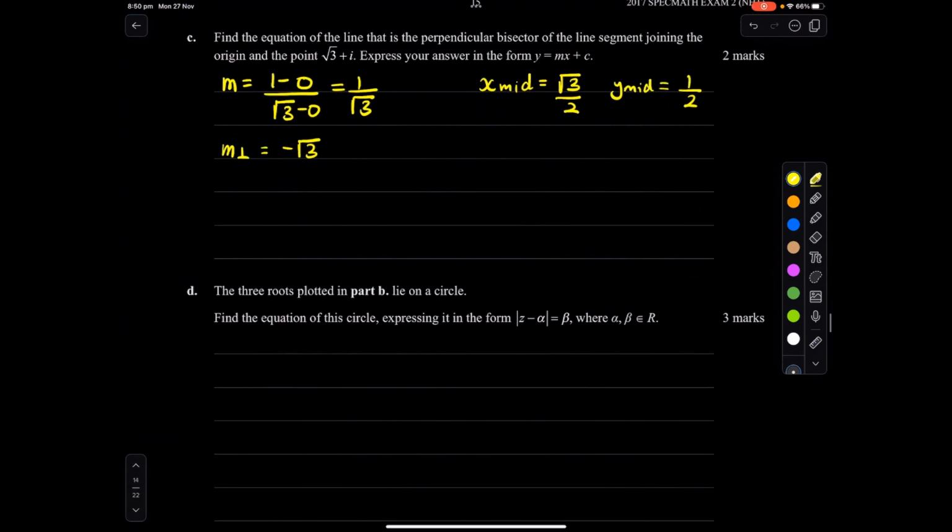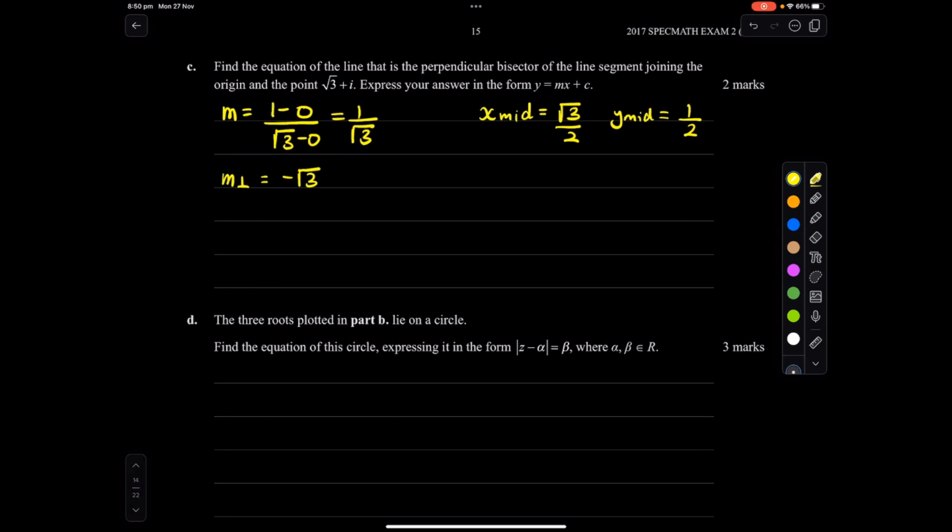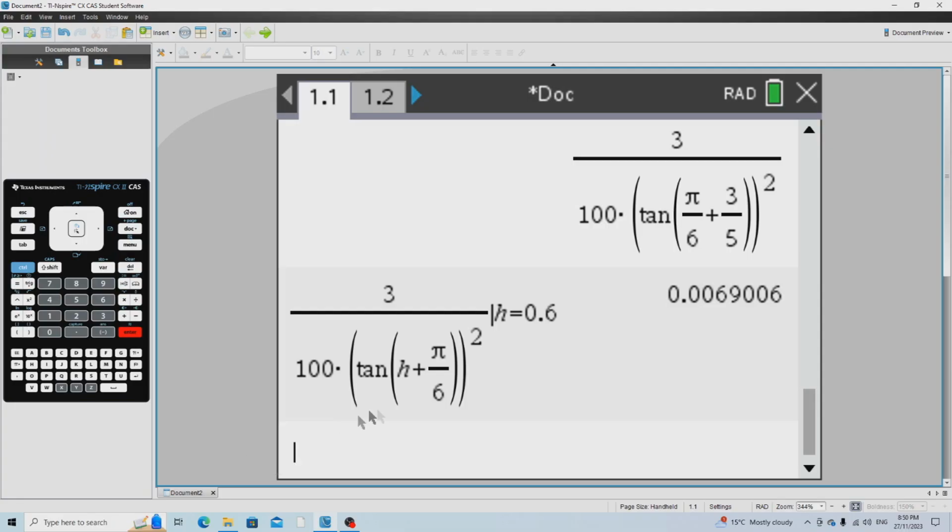Now just use the equation of a line, which is y minus a half equals negative root 3 times x minus root 3 over 2. I'm just going to use my calculator to be quick.